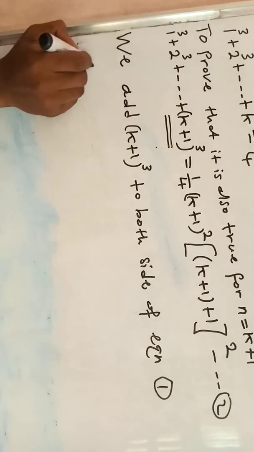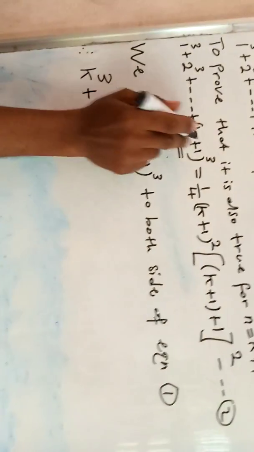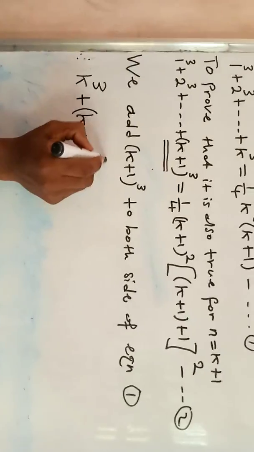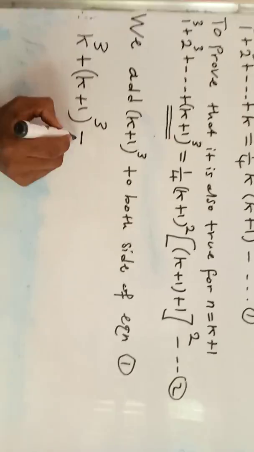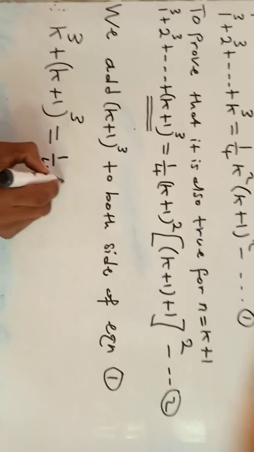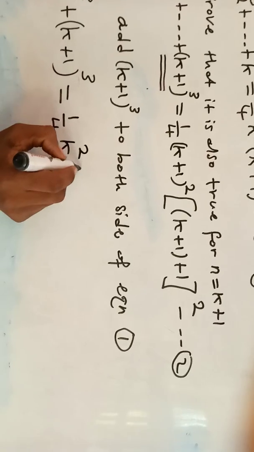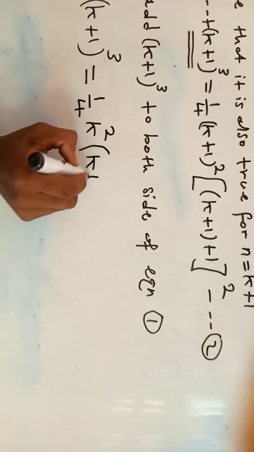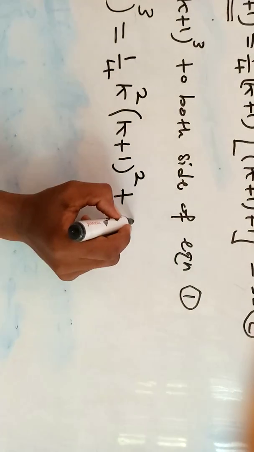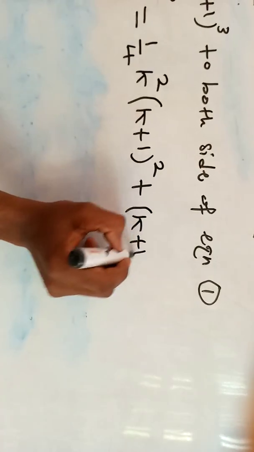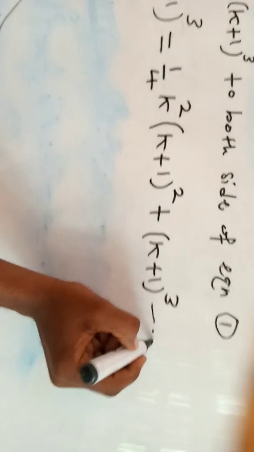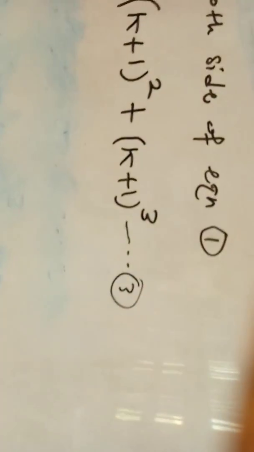This implies that we have k cube plus, we add our k plus 1 cube is equal to 1 over 4 k square bracket k plus 1 square plus k plus 1 cube. We name this equation 3.